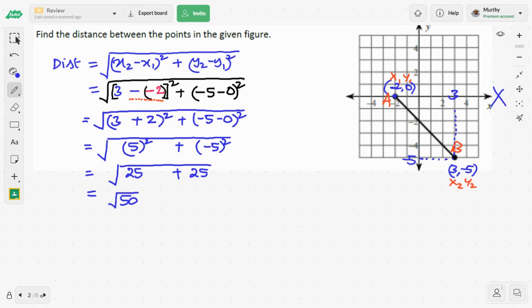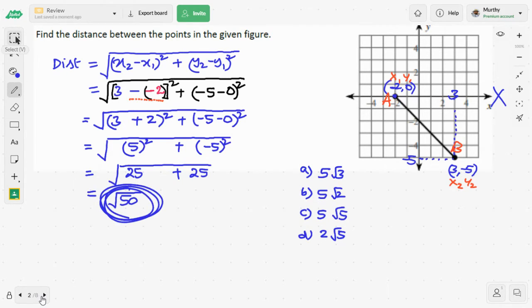As I told you earlier, in case you are taking a test, suppose the answer options are like A) 5 root 3, B) 5 root 2, C) 5 root 5, and D) maybe 2 root 5. Okay, but I know that none of these values are matching with the answer I got, right?